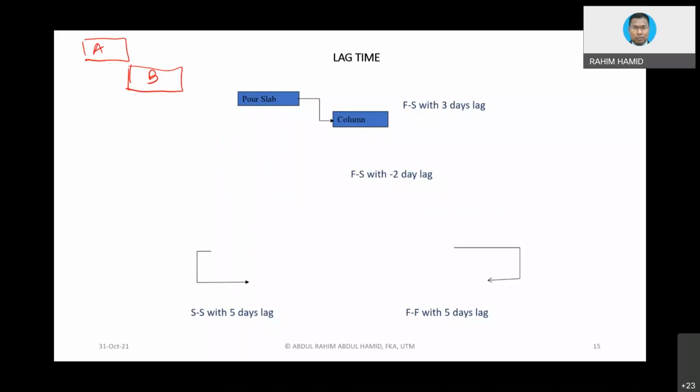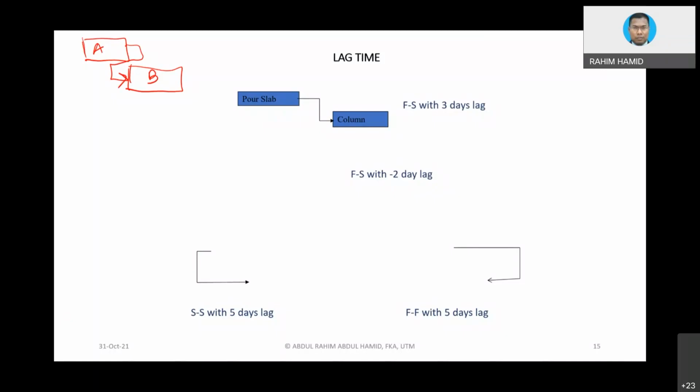Immediately after you complete activity A, activity B will start. But remember, in reality, activity B will not be starting on the same day. Let's say activity A takes 2 days, Monday and Tuesday. So Tuesday, activity A is going to be completed. So B will start immediately.